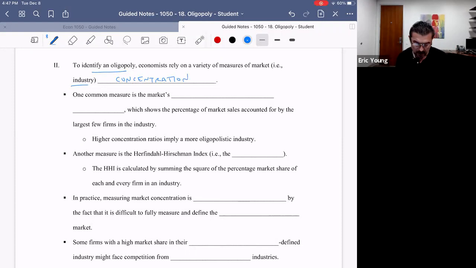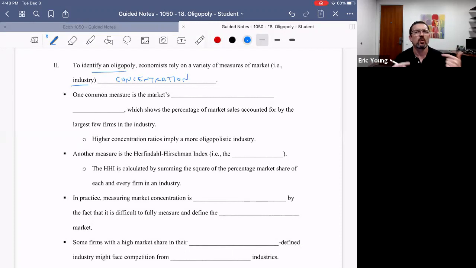This is used by economists to make their assumptions and build their models. This is also used by the Department of Justice when they look to either approve or deny mergers. So these attempts to measure market concentration are used both to measure the market as it is, as well as to measure how a market would be if a merger went through.